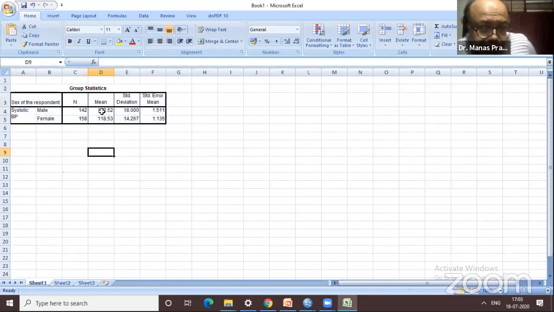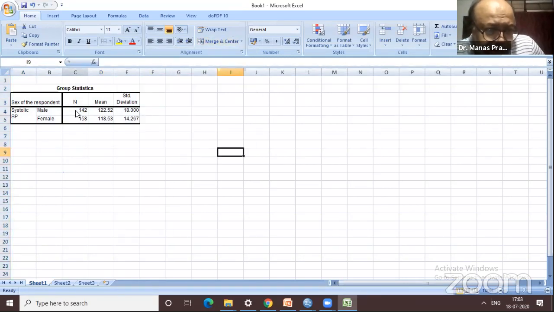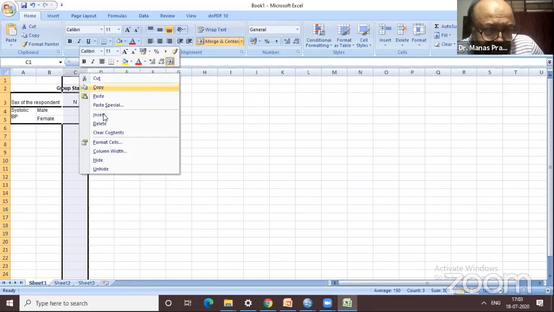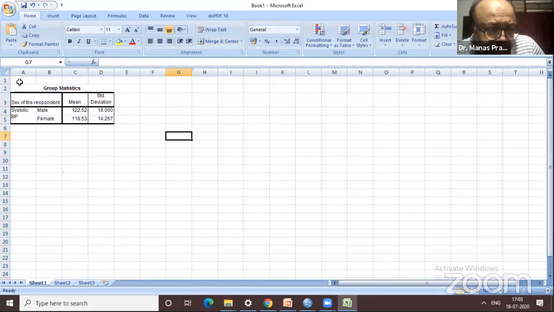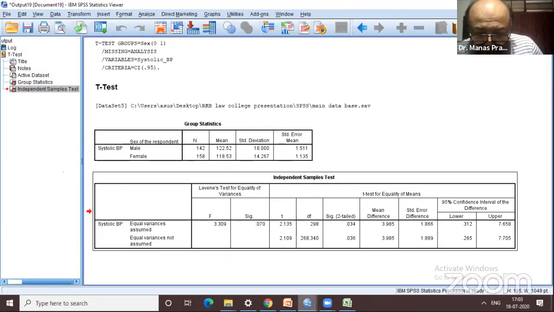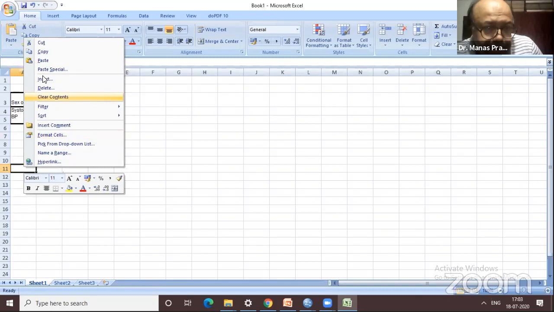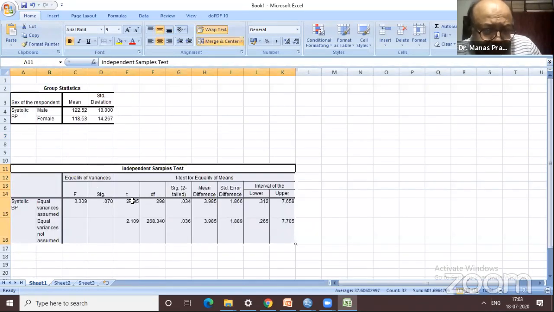Standard error mean is not necessary. You can give it, no problem also. The number of observations is also not necessary. Most of the time we are not giving the number of observations. And we copy the second table below. All these things are not necessary.